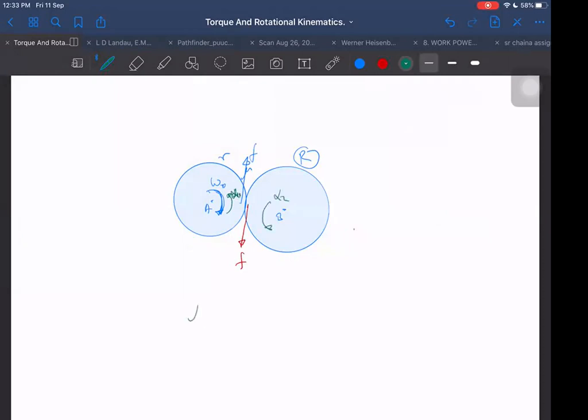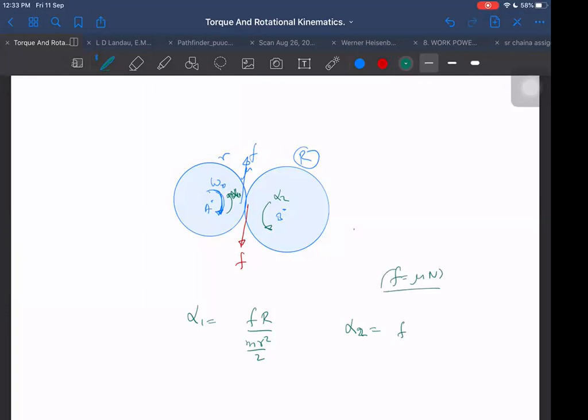What will be alpha 1? Alpha 1 will be F into R upon M R square by 2, because these are disks. What will be alpha 2? Alpha 2 will be F into internal friction. That F will not be a static friction, it will be mu N, but I don't know mu and N, so I am just writing F only.